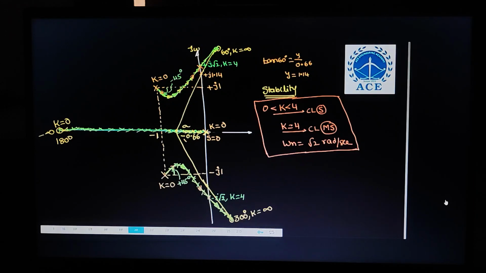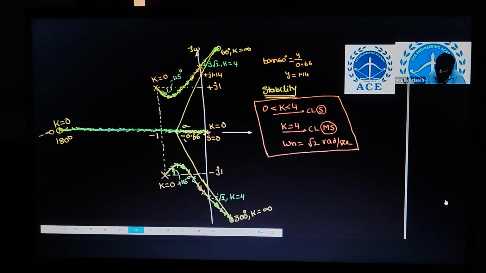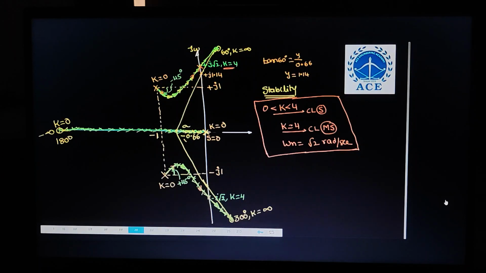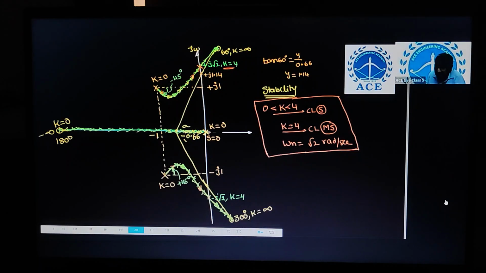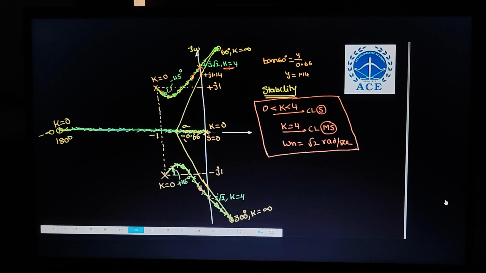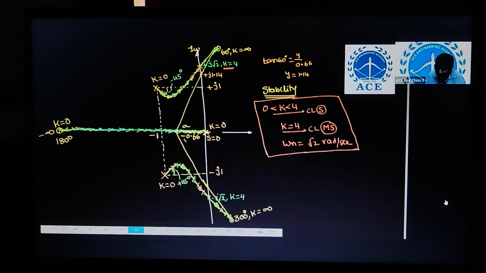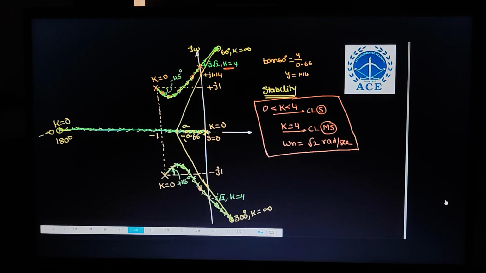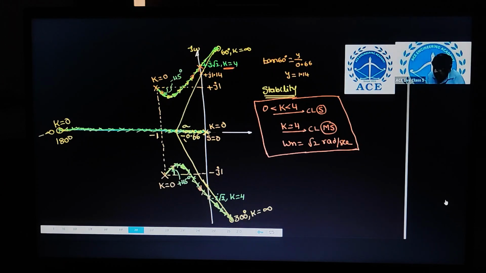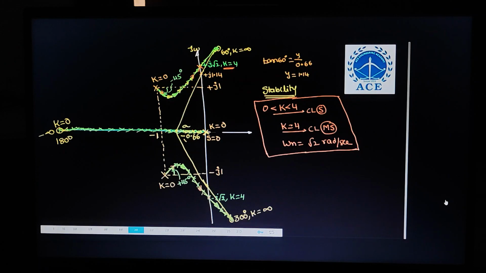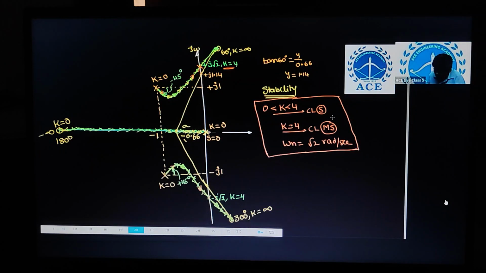That is K marginal, with the imaginary axis. K is equal to 4. So 0 to 4, left side means stable. Equal to 4 and exactly it comes to the imaginary axis; when it comes to imaginary, it is marginally stable. So the intersection point gives the frequency of oscillation. So the frequency is √2 radians per second.